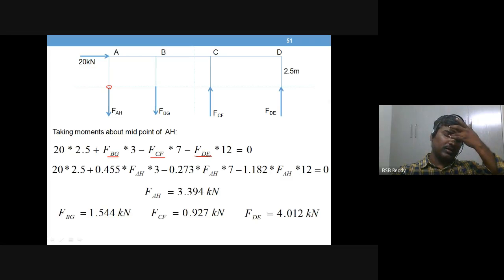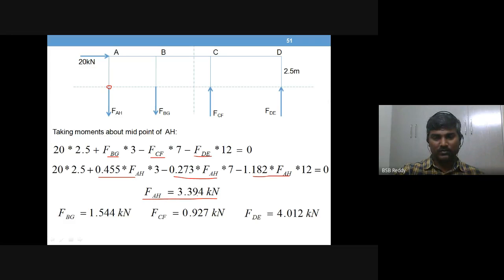You already have relations with the first column, so substitute them into this equation. That will give you the chosen column axial load.